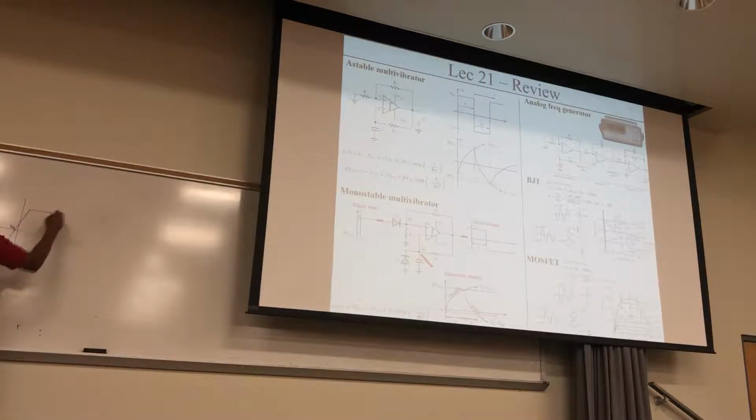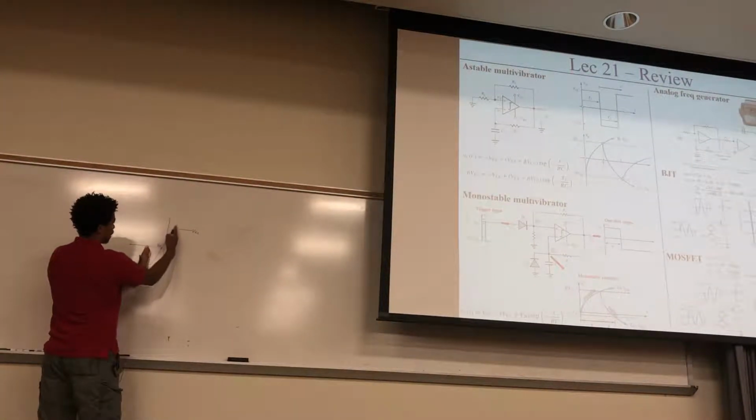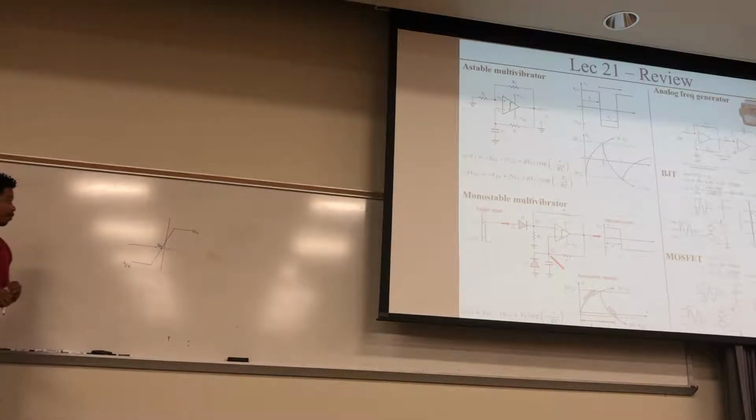Here's some VCC and some VEE. The slope is pretty high usually, but there's a huge range that you can have your input at before it starts to saturate for the output.